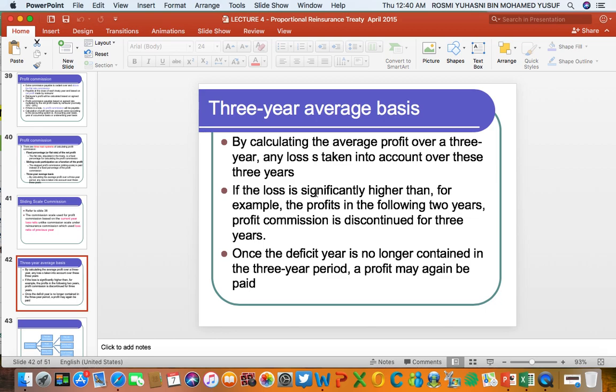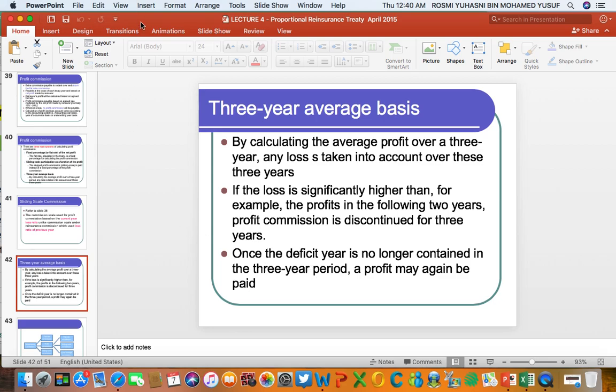If the loss is significantly higher than, for example, the profit in the following 2 years, profit commission is not available or is discontinued for 3 years. Once the deficit year is no longer contained in the 3-year period, profit commission will be paid to the insurer.